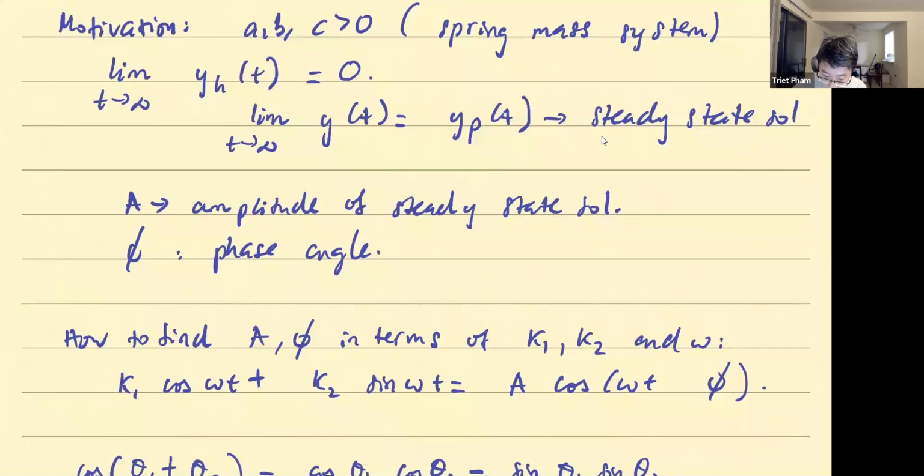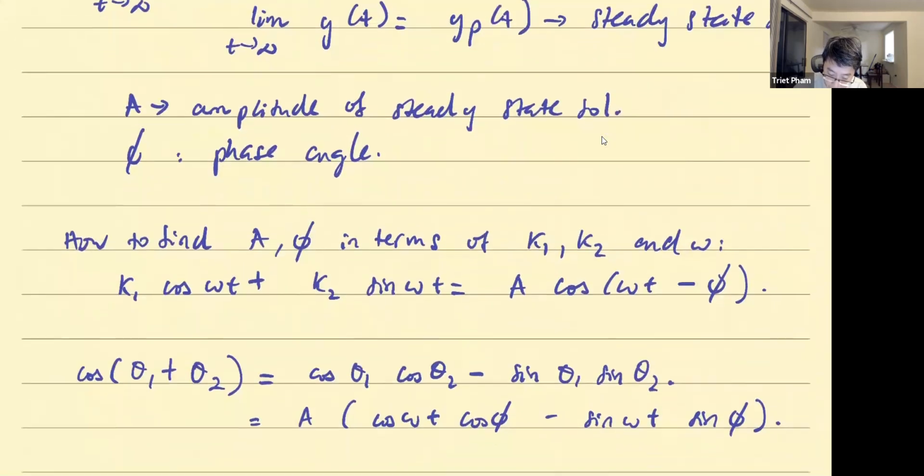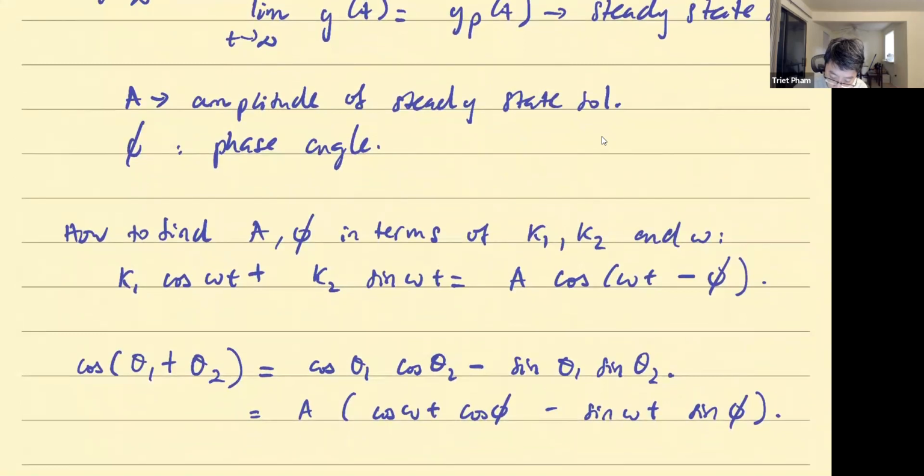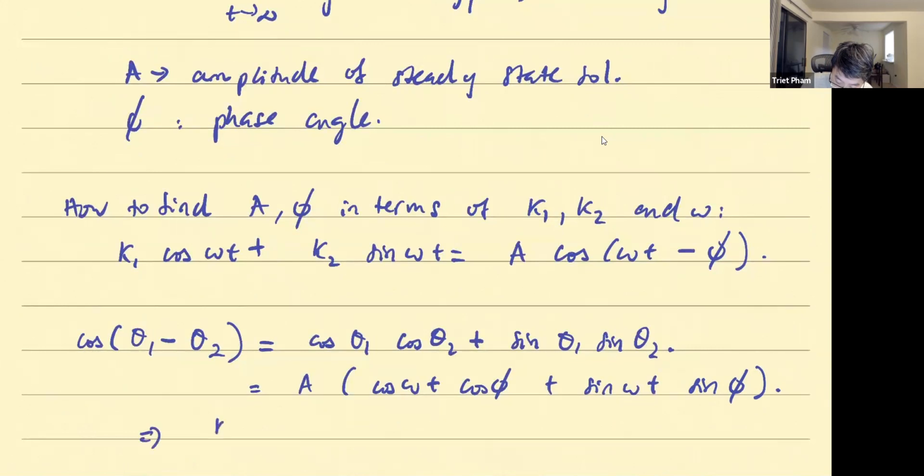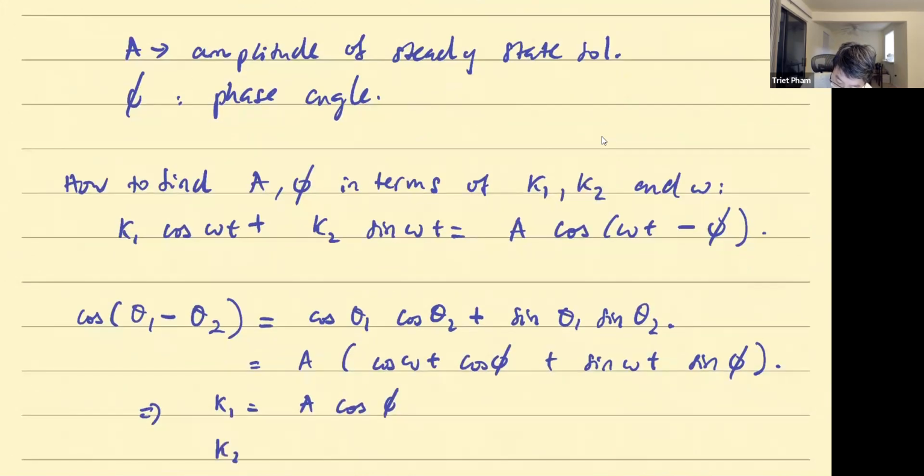So like this, minus. And so the formula that we were looking at is minus here, and the cos of that is going to be a plus. So the right-hand side will become a plus, which allows us to say that K1 is A cosine of phi, and K2 is A sine of phi. Is that okay?